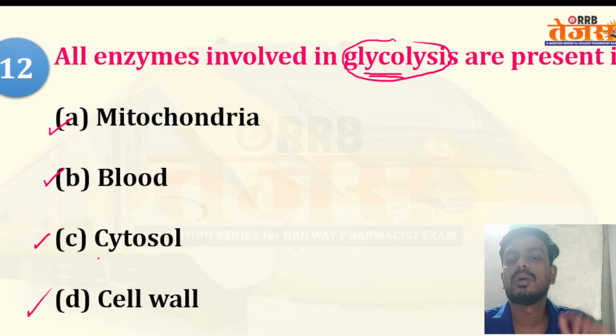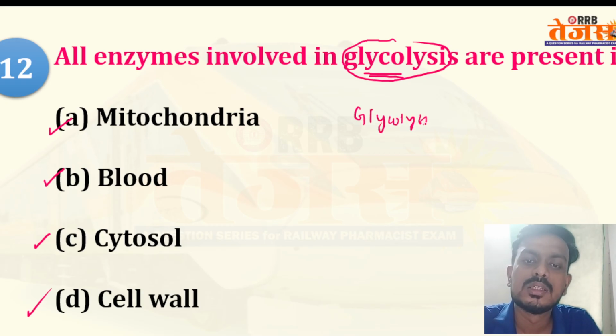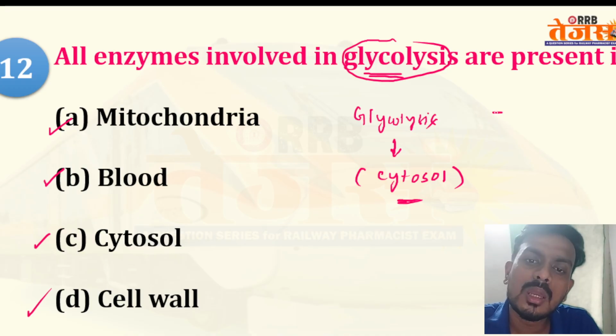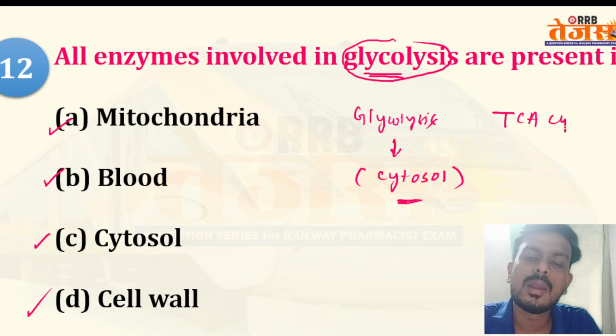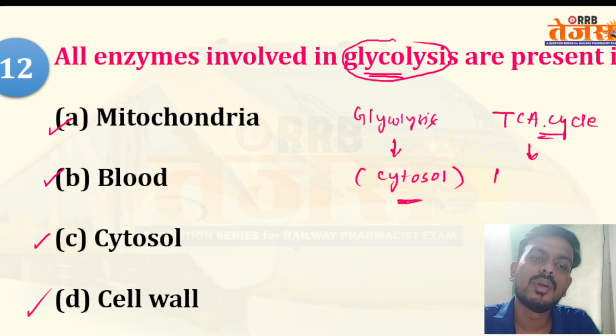You have to remember one thing: glycolysis is carried out in the cytosol, because all the enzymes are present in the cell cytosol. If we talk about the TCA cycle, all the reactions are carried out in the mitochondria.